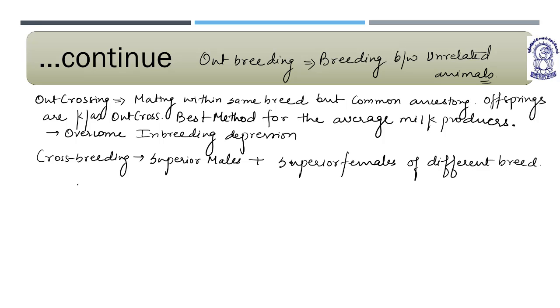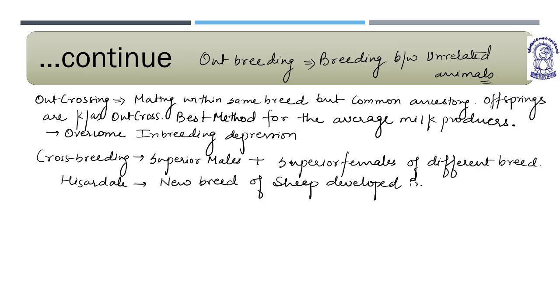Like Hisardale, a new breed of sheep developed in Punjab by crossing Bikaneri and Merino rams.